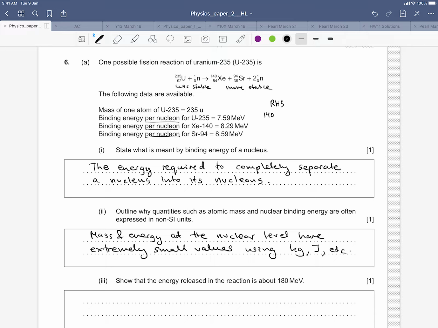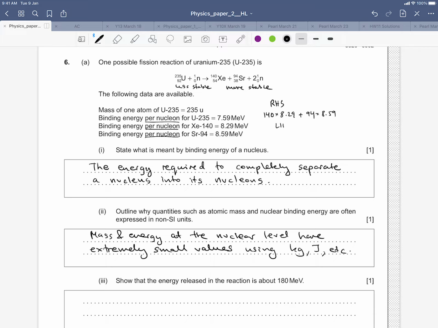We have 140 nucleons in a xenon nucleus, and we multiply by 8.29 MeV, and then add that to 94 strontium nucleons times the average binding energy per nucleon for that. The neutrons, of course, are just individual nucleons, no binding energy.